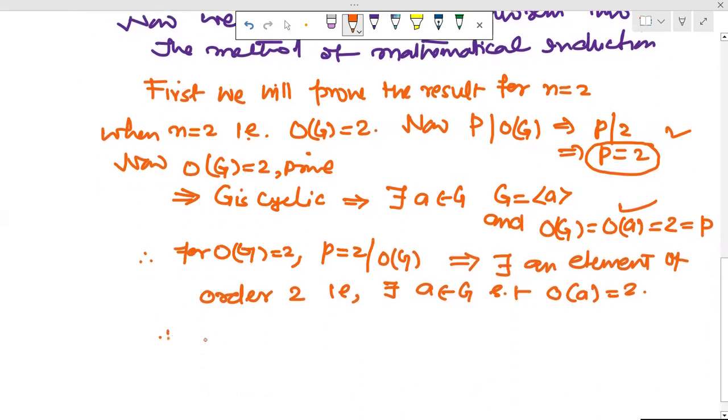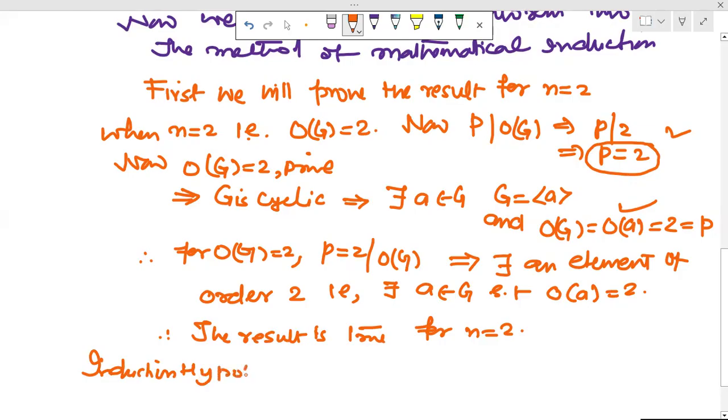Therefore, the result is true for n is equal to 2. So take the induction hypothesis.